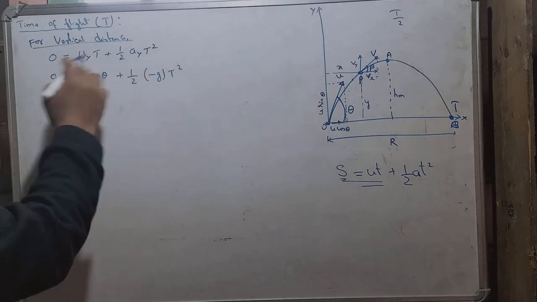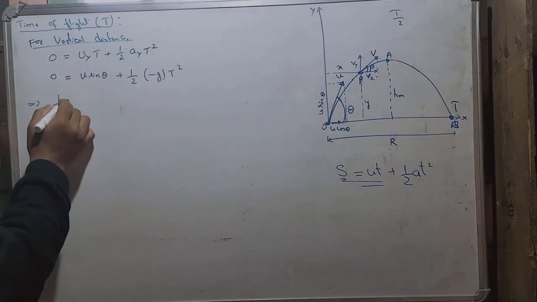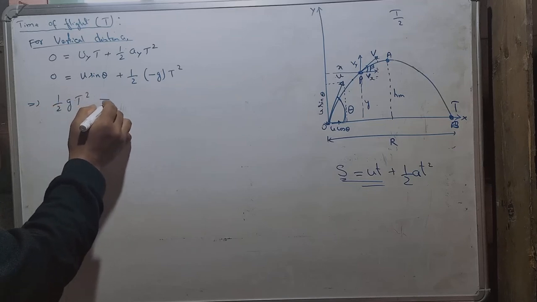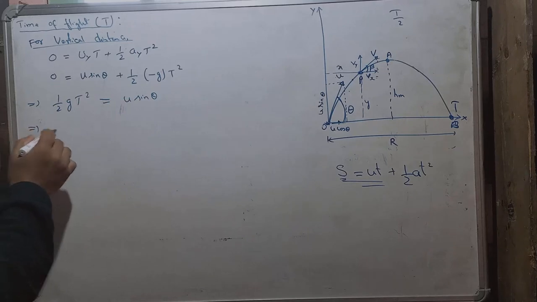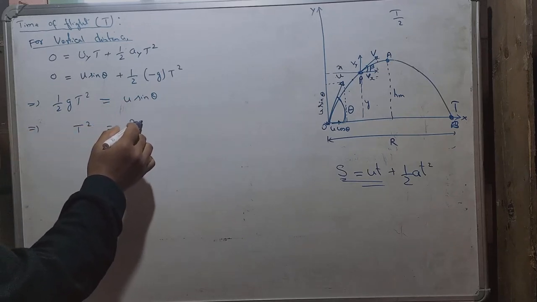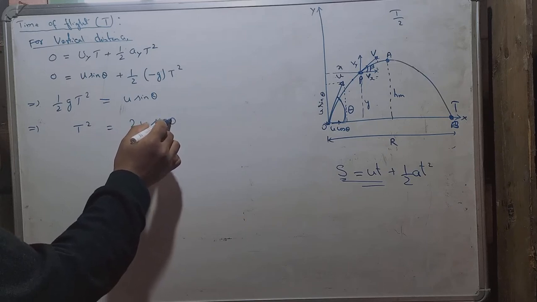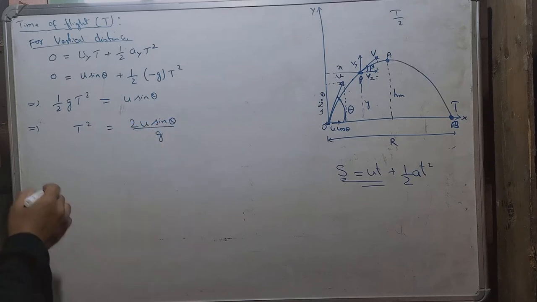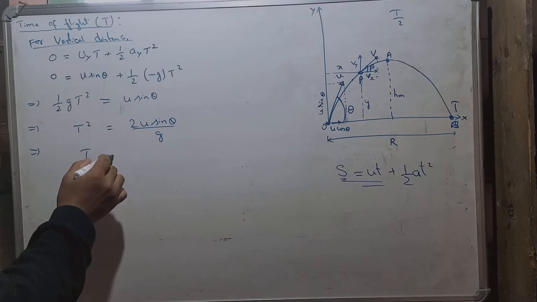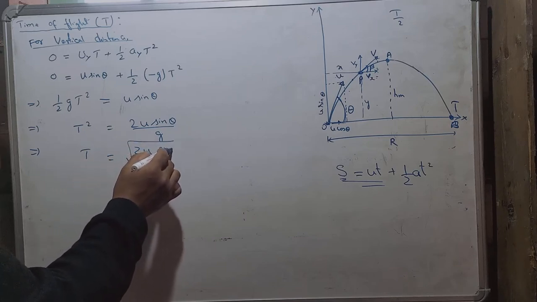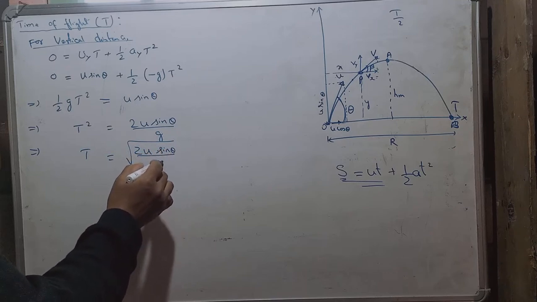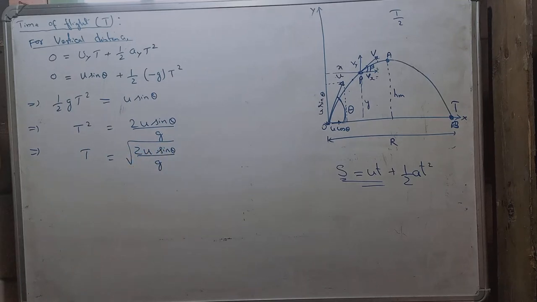Or if you take this term to the left, you will get half g T squared is equal to u sine theta T. Or just T squared, it will be twice u sine theta upon g. Or just T, it will be equal to twice u sine theta upon g.